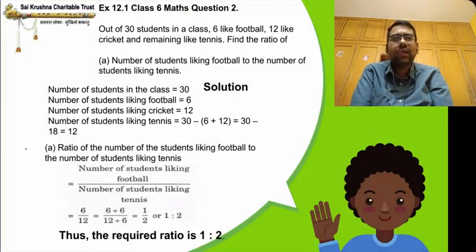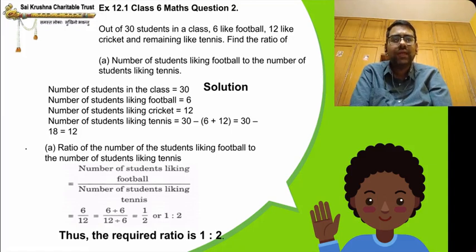Next, question 2. Out of 30 students in a class, 6 like football, 12 like cricket and the remaining like tennis. Find the ratio of the number of students liking football to the number of students liking tennis.